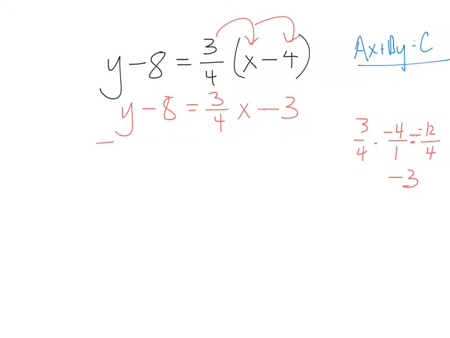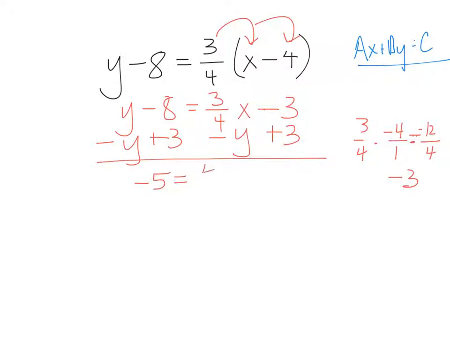So I'm going to subtract y, and then I'm going to go ahead and add 3, because the 3 has got to get out of there too. So in this case, my y's go away. Negative 8 and positive 3 is negative 5. My 3/4, not 4/3, so don't make that mistake, 3/4 x. We subtracted y here, and these go away, making 0.